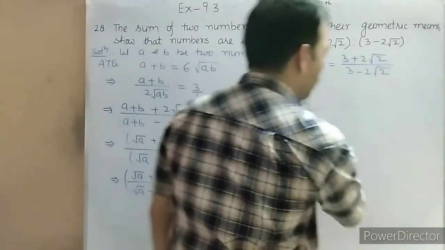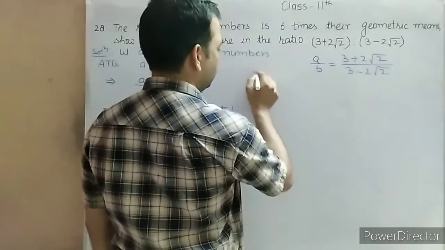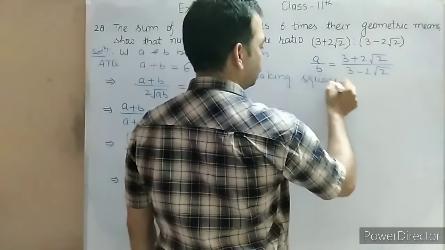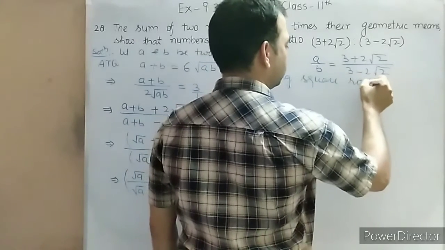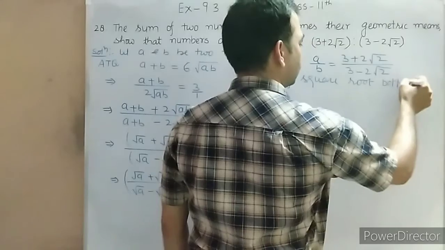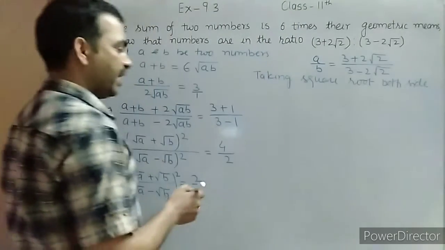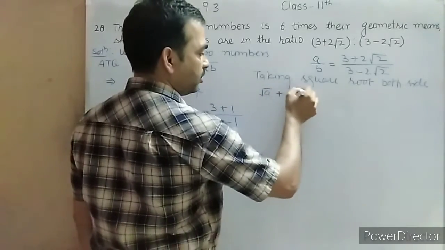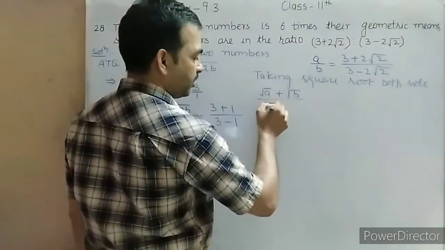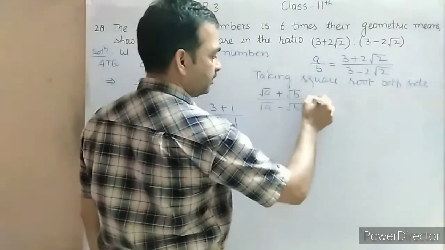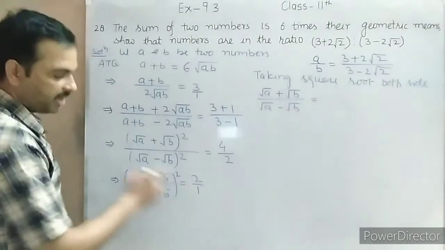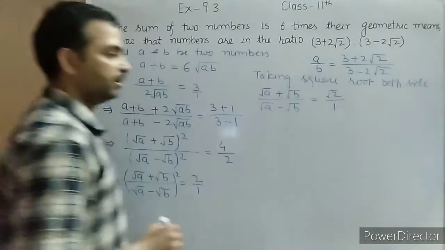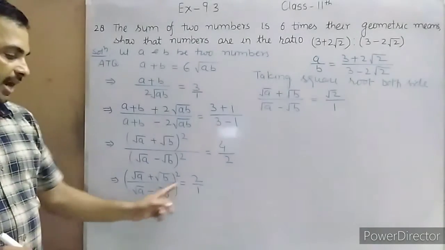On the left hand side we get root A plus root B divided by root A minus root B, equal to root 2 by 1.